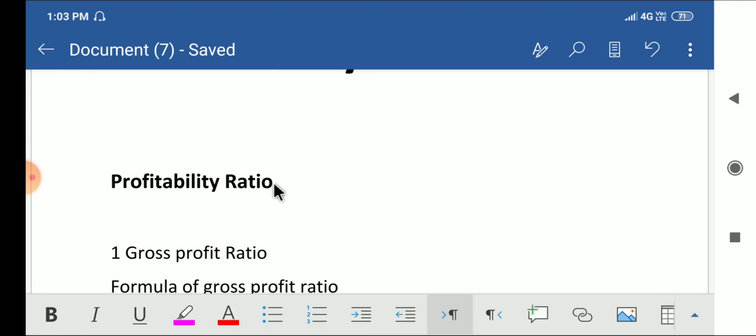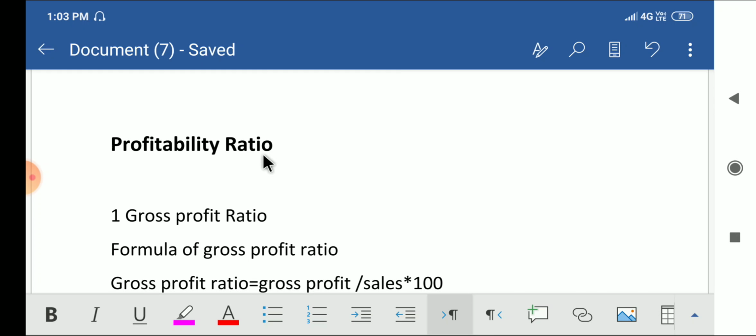Then gross profit ratio is part of profitability ratio. Gross profit ratio is called gross margin ratio or trade margin ratio. The gross profit comes after deducting the cost of goods sold from net sales. Gross profit has special importance in business. From it, the earning capacity of the business can be measured.